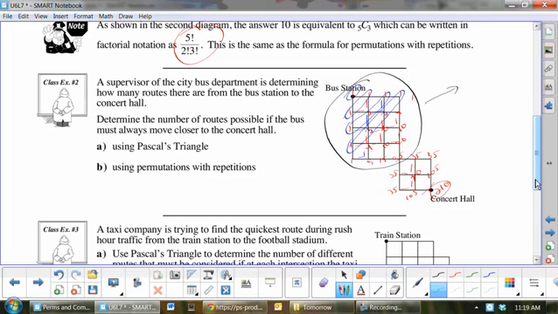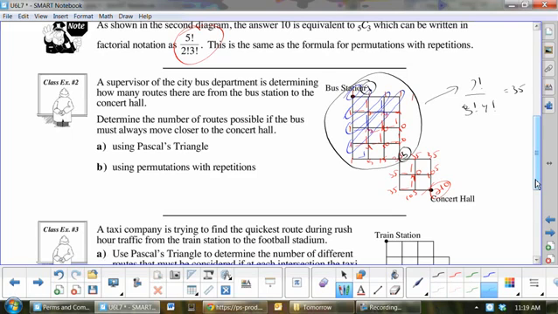How many blocks is it to get from A to B? What do you got? 7. So that's 7 factorial over 3 factorial, 4 factorial, okay? And that gives you the answer 35.